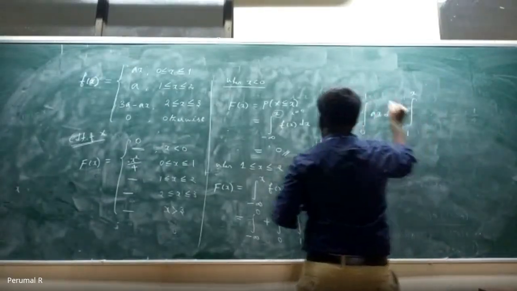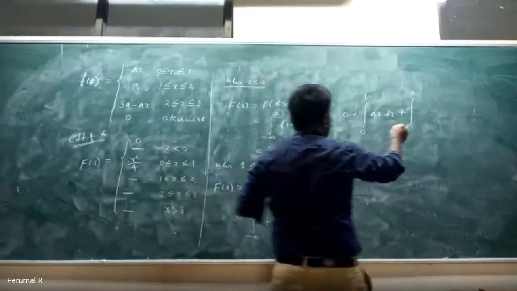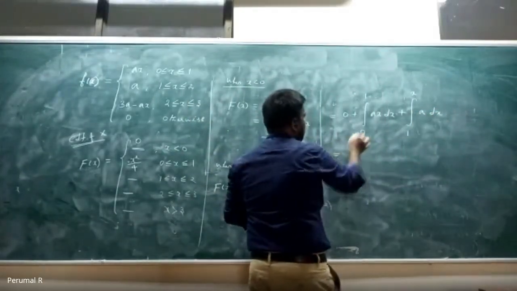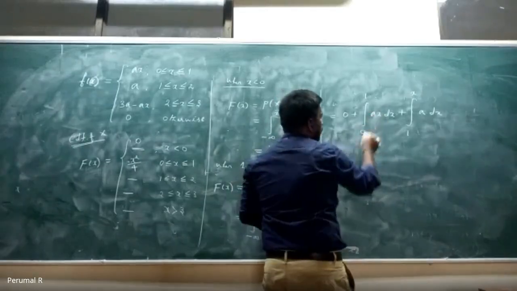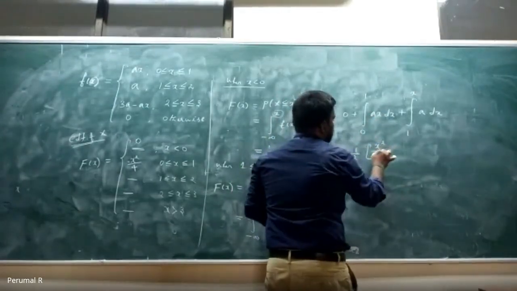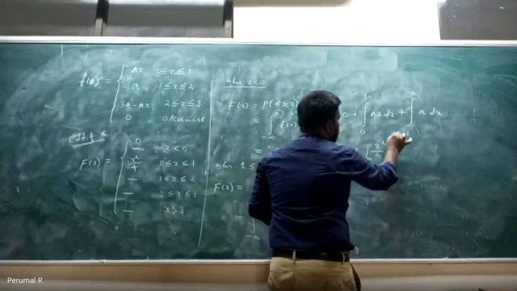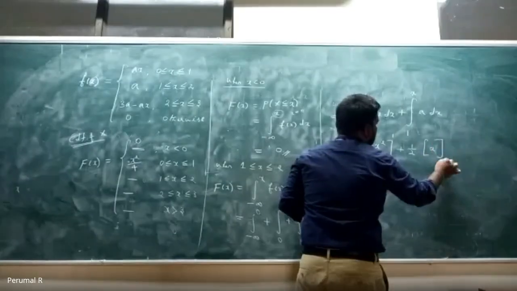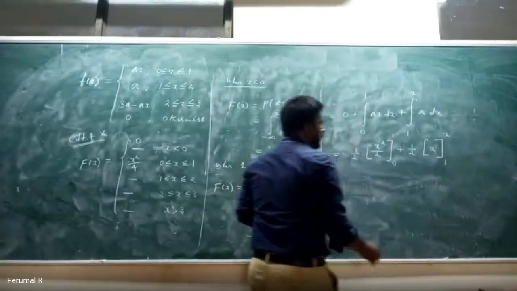So f of x from 1 to 2, what is your value? The function is a, so a into dx. Here a is 1 by 2. Your x integration is x squared by 2, limit from 0 to 1. Here a is 1 by 2, dx integration is x, limit from 1 to x.